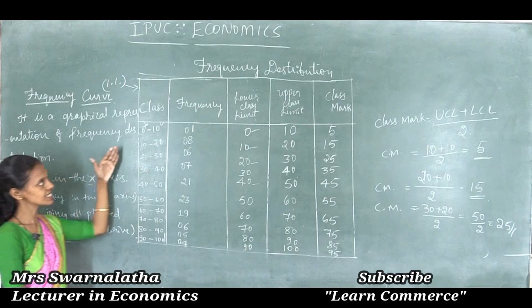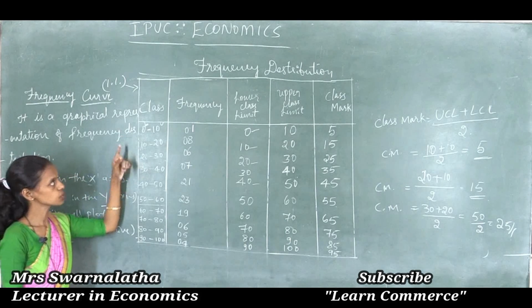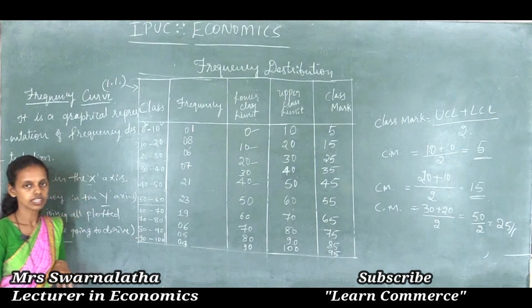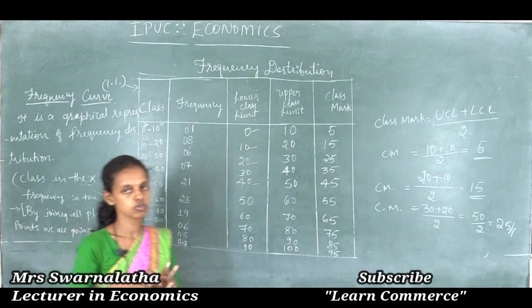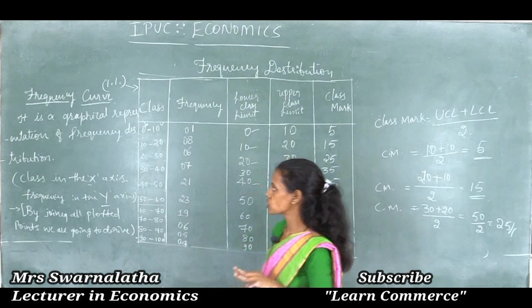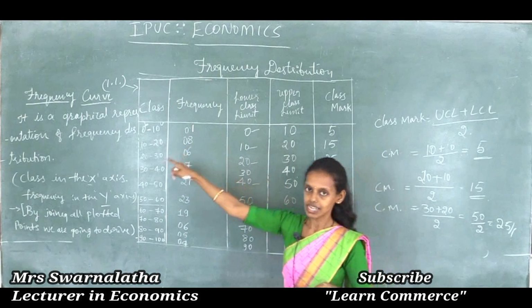If the classes are like this, the method is said to be the exclusive method of class interval in the frequency distribution. There are two methods in the frequency distribution, students. One is the inclusive method and the other is the exclusive method. This is the best example for the exclusive method of class interval.